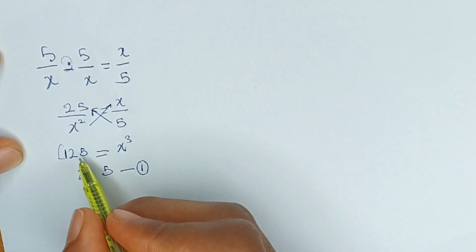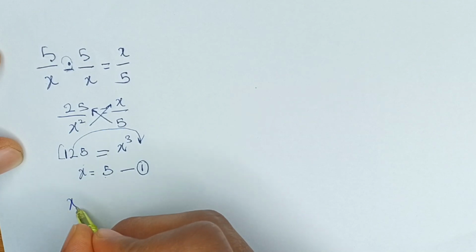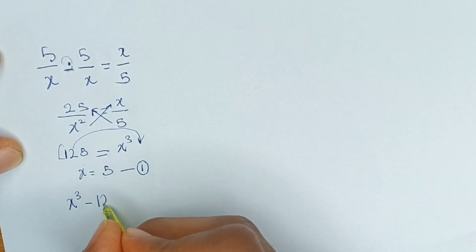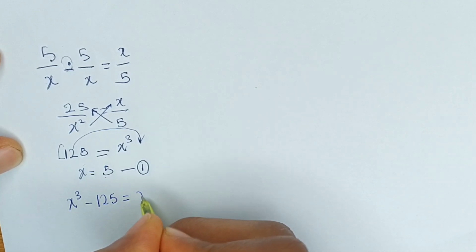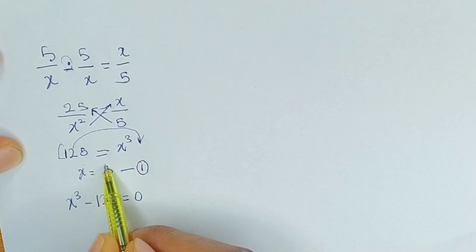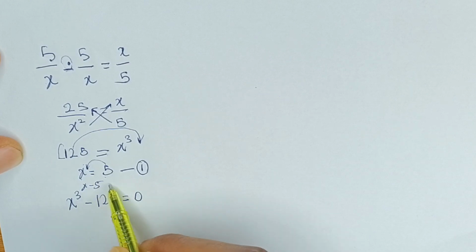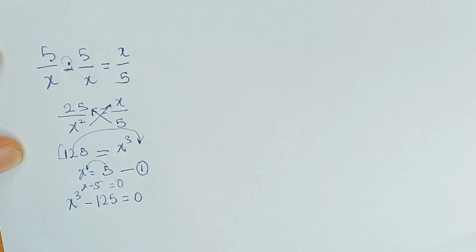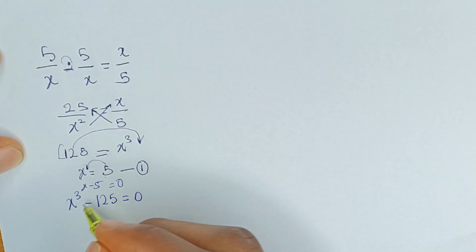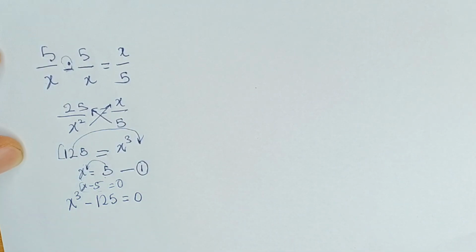Now, if I bring this over to this side, I would have x cubed minus 125 equal to 0. Now, with the knowledge that x is equal to 5, if I cross 5 over again, I have x minus 5 equal to 0. With this knowledge, I can easily say that x minus 5 is a factor of this equation.